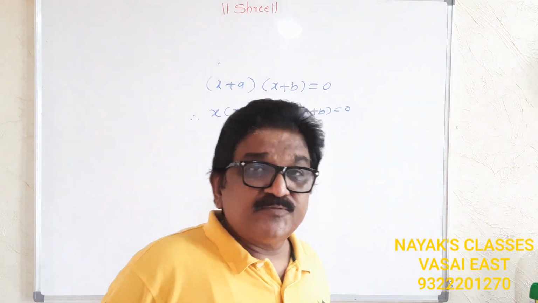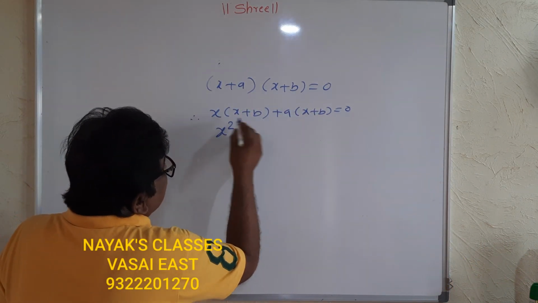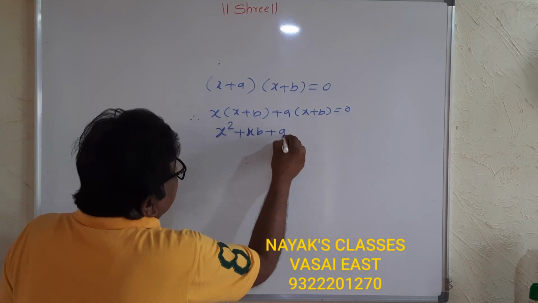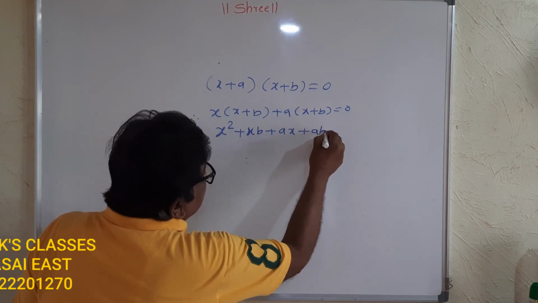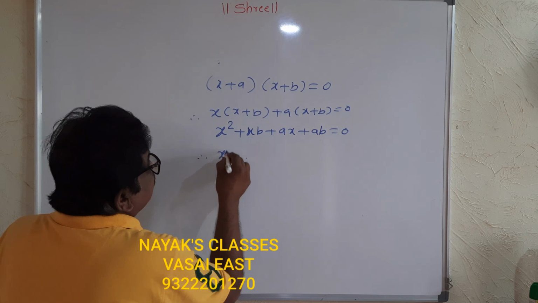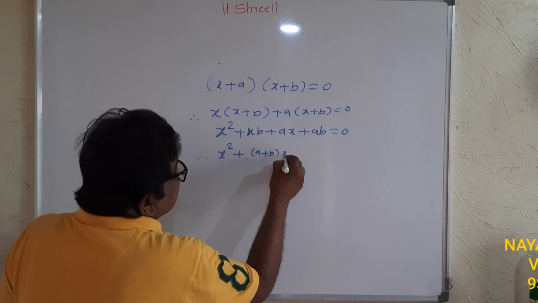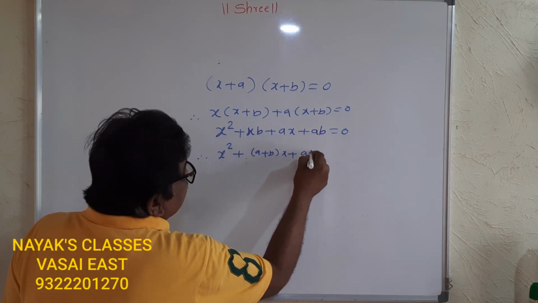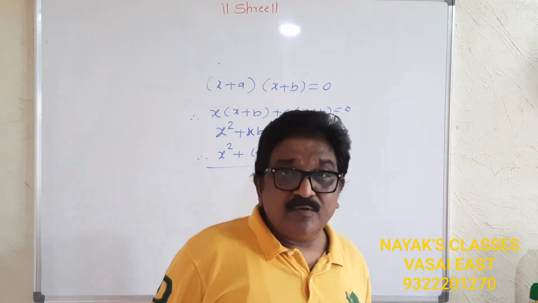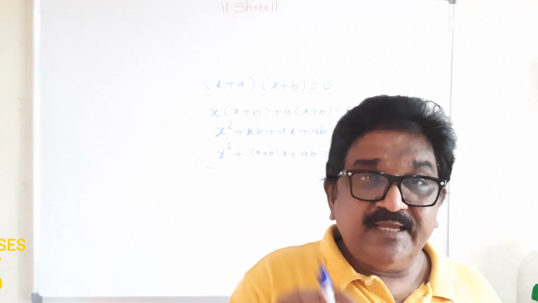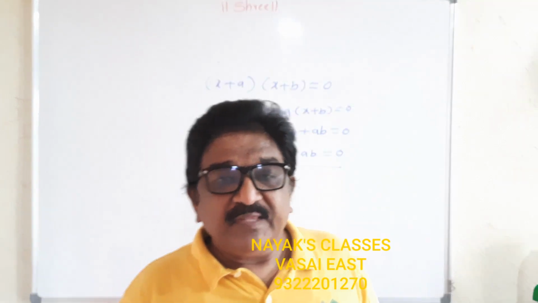When you multiply these brackets, x square plus xb plus ax plus ab is equal to 0. Therefore, x square plus (a plus b)x plus ab is equal to 0. This is a standard form of quadratic equation, and a and b are called its roots.